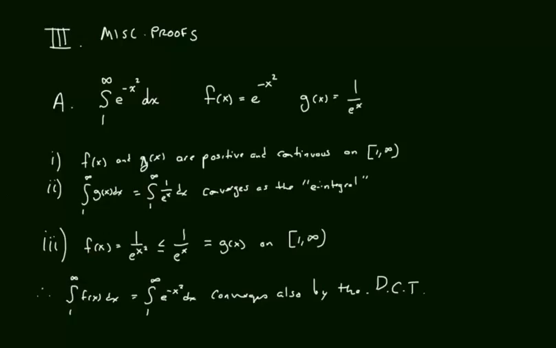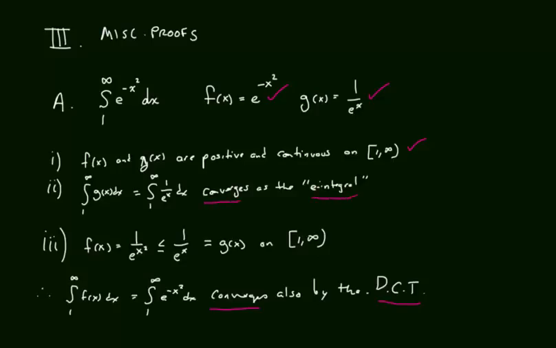So it turns out that the integral converges by the direct comparison test. So we let f equal and g equal. We showed that they're positive and continuous on the interval. Then we stated that the integral from 1 to infinity of 1 over e to the x dx converges as the e integral.